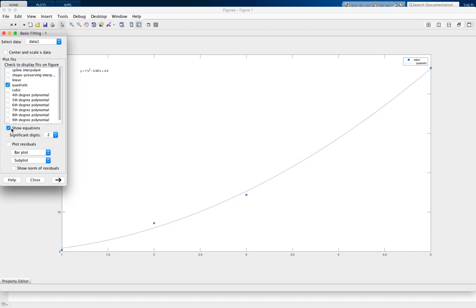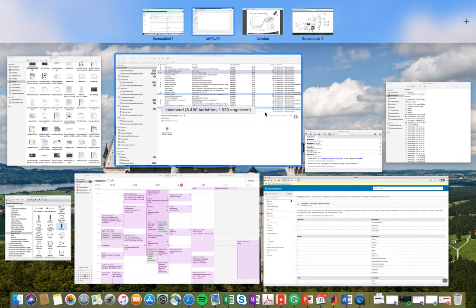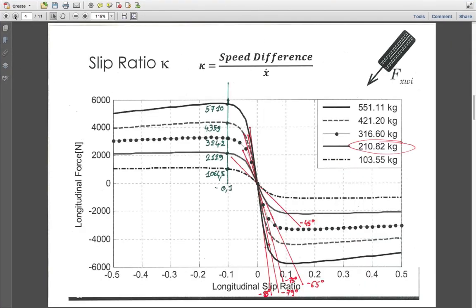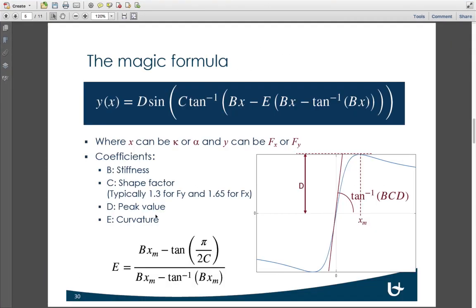And then you can just ask for the equation and you get the equation. Wonderful. This equation is very useful. This method is very useful to do the fitting. And that is how I came to the several values. D is very easy. It's just reading out the peak value.